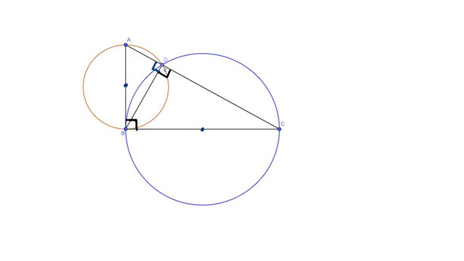I think I forgot to mention that. We're going to treat AB as a tangent to the bigger circle.